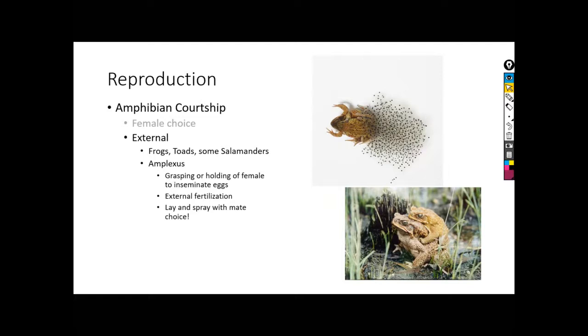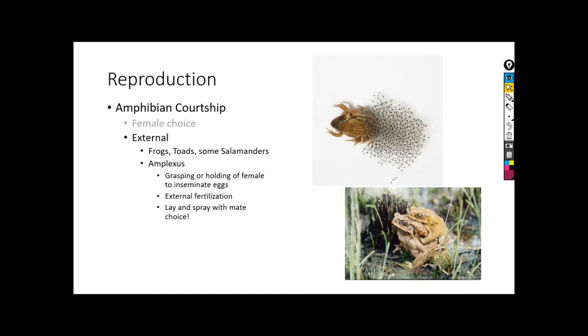As we'll see in a second, most of our salamanders will do internal. Even though we're doing external fertilization, we're still going to have one-on-one pairings. So the giant mass, lay the eggs down, all the males show up and spray, and you're just going to pray that you are the one that fertilized them, those days are gone.